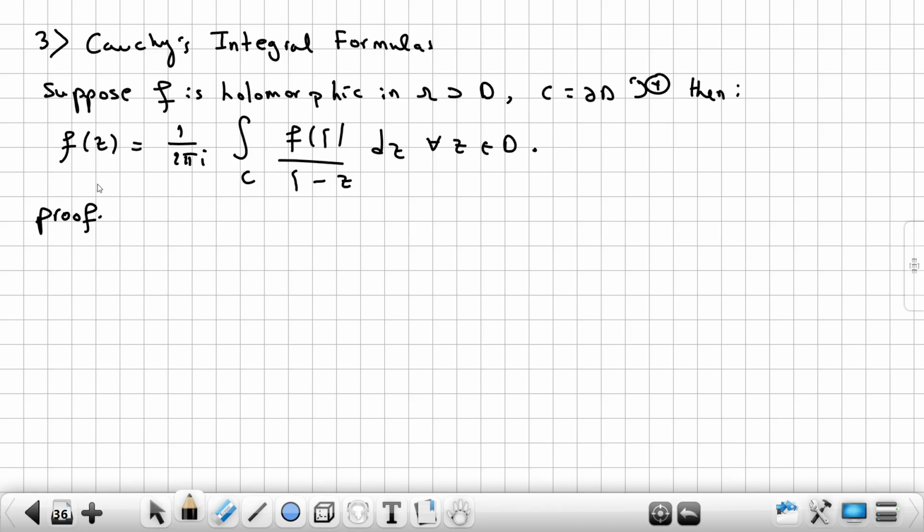Proof. Let z belong to D and consider the keyhole.